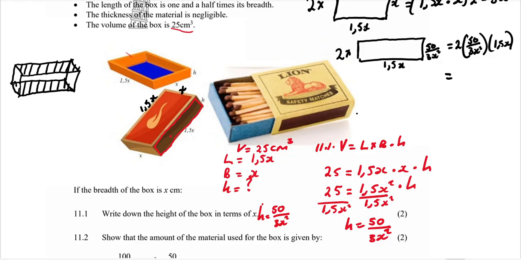Here we have 50x all over x squared, because this x will be at the top and then we'll cancel one. We will be left with 1x at the bottom. Do you get me? This is the area of this.